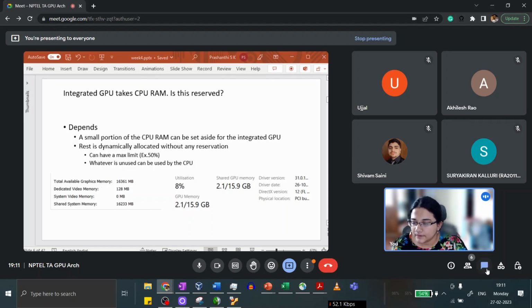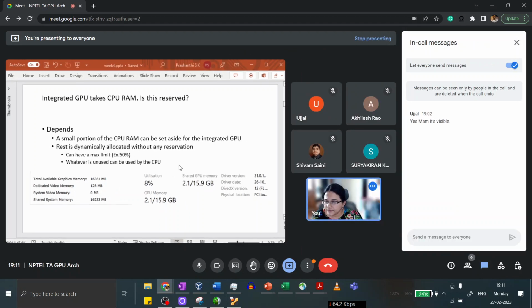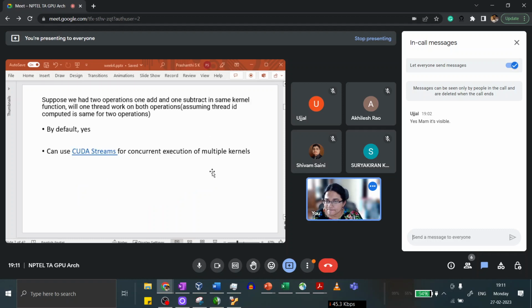Okay, if there are no doubts on this, let me move ahead. Right, the next question was, suppose we had two operations, one add and one subtract, in the same kernel function. Will one thread work on both operations, assuming that the thread ID computed is the same for both the operations?